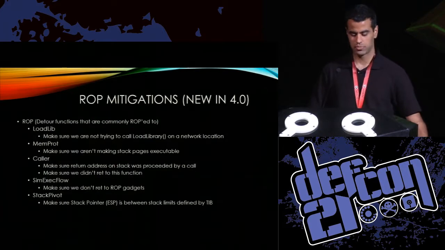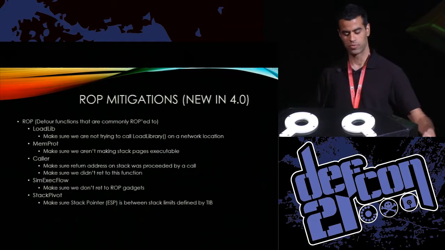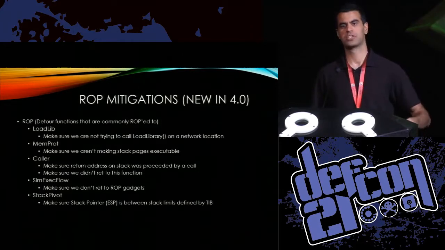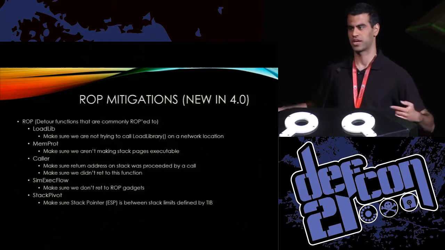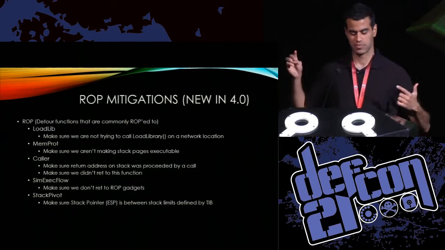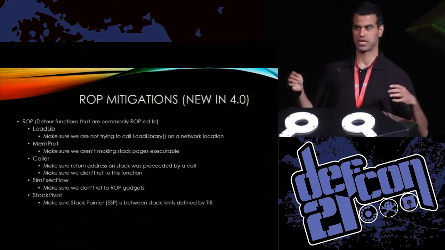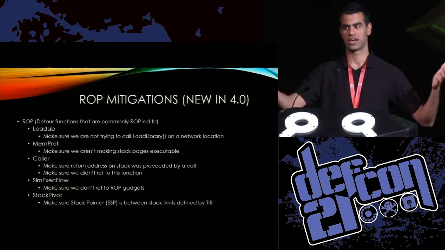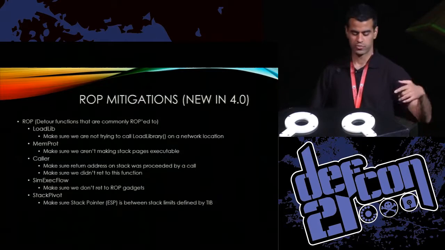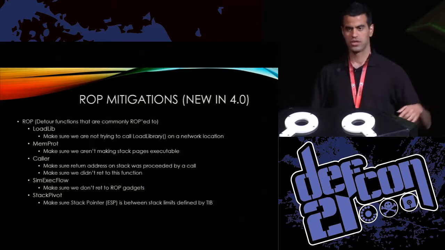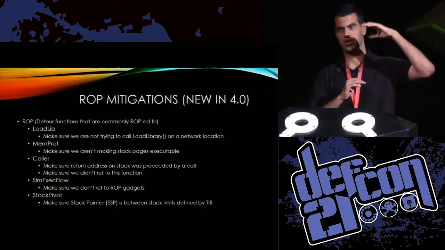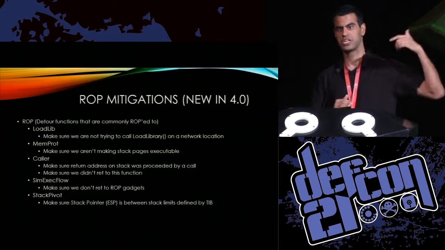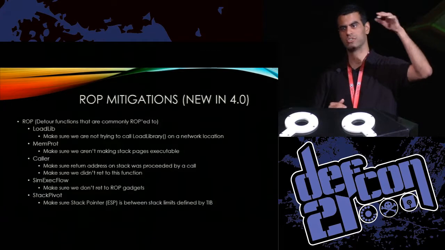Okay, so some of the ROP mitigations, these are new in 4.0 from 3.0, include the LoadLibrary mitigation, which is basically to make sure you're not loading DLLs from network shares, because that's kind of creepy. The memory protection, where we basically make sure you're not making stack pages executable, because as you guys know, stack pages are supposed to be data, so read and write, not execute. The caller mitigation, where we basically make sure that this current frame's return address points to a location that's preceded by a call instruction which calls this function.